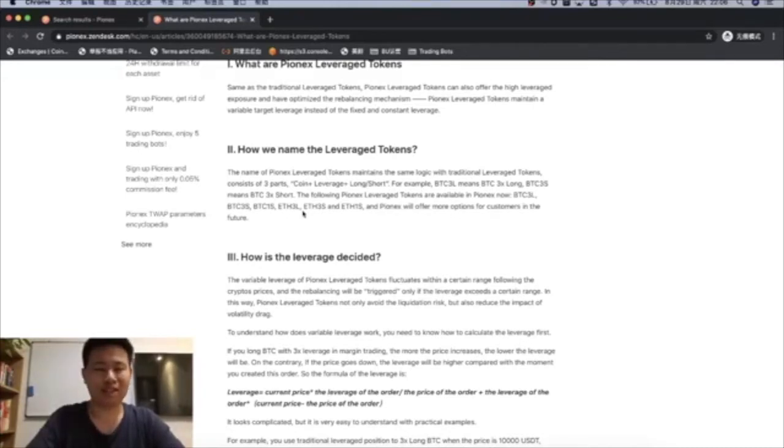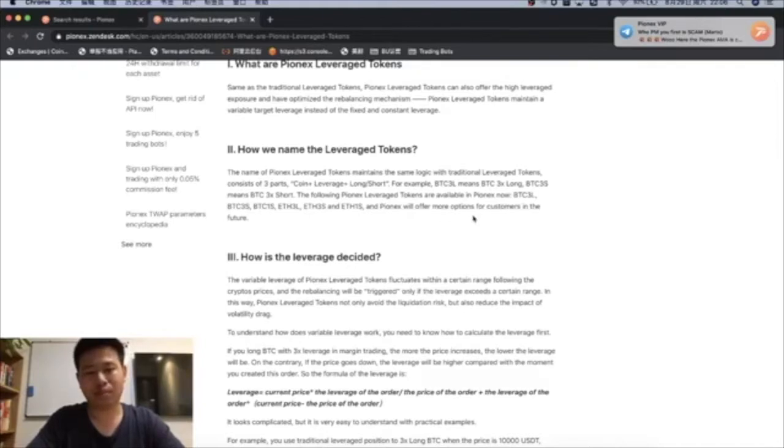In future we may delete all 1S tokens. Most people buy the 3 times leverage tokens because it has bigger fluctuation and you can make more profits.